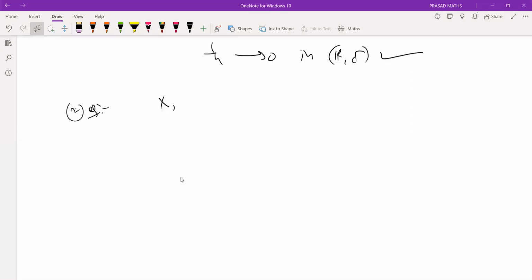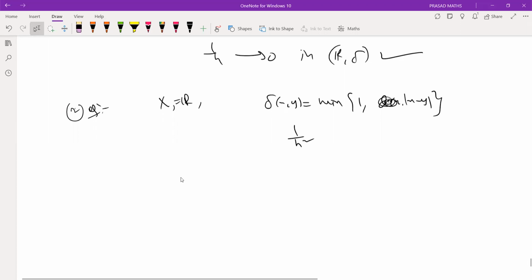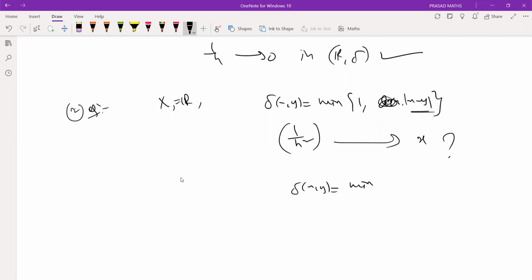Suppose X equals R with delta of x comma y equal to mod of x minus y. Suppose my sequence is 1 by n square. Does it converge? The answer is yes, because I already told you delta of x comma y is the minimum of 1 comma d of x comma y, where d of x comma y is the usual metric.